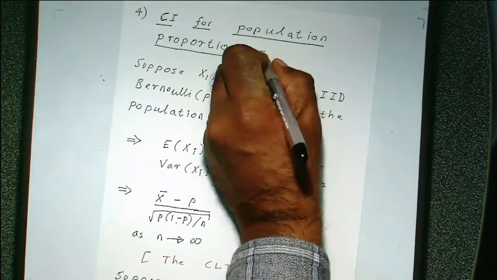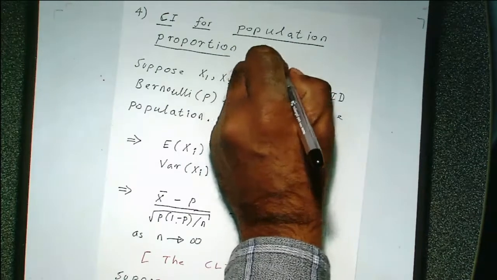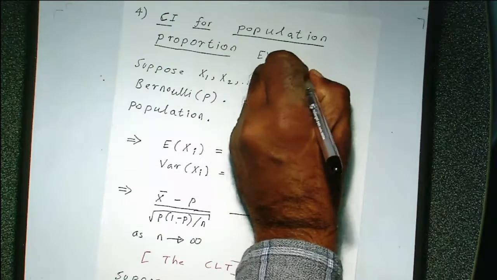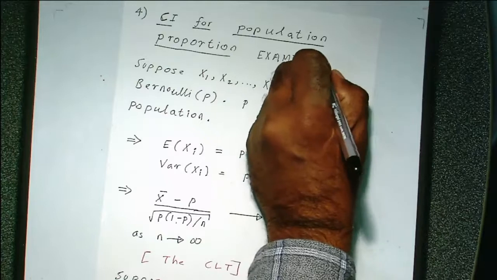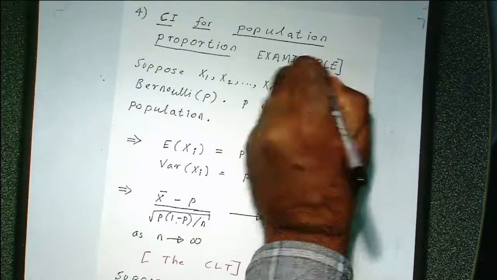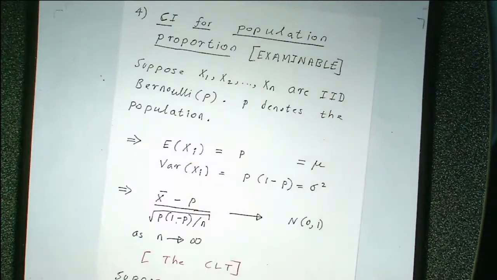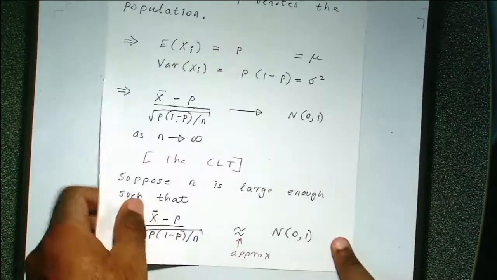This is once again examinable, right? So this uses the central limit theorem, right?